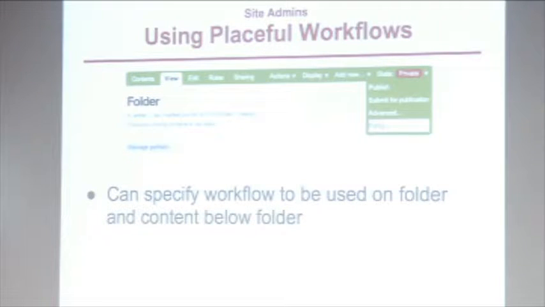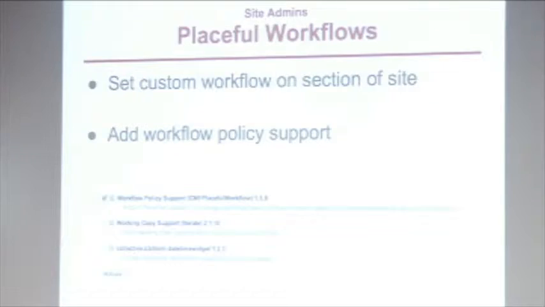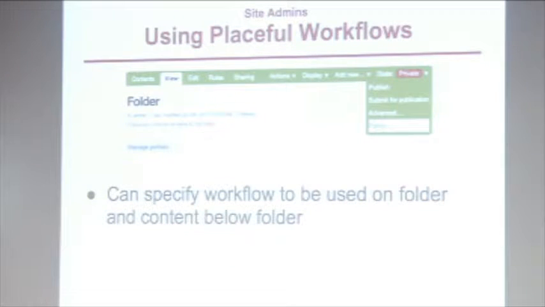This is just a demonstration of how you use it. I'm sorry, I forgot. So yeah, to enable it, you have to go to Add Remove Products in the site setup and find the workflow policy support package and activate it. It's not activated by default. And then you go to the state dropdown on a folder that you want to modify, and you edit the policy.